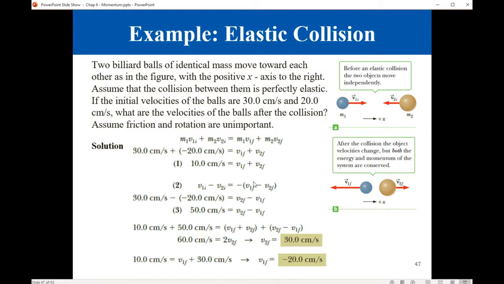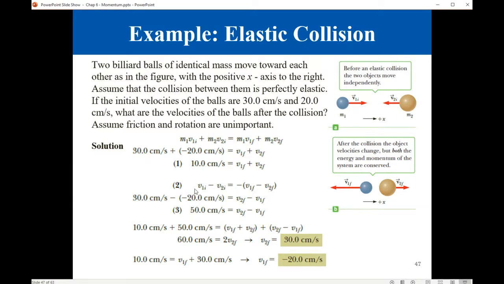You apply the conservation of momentum principle. Since the masses are identical, you can divide all terms by m. You end up with this equation for the initial momentum, 30 plus minus 20, because it's in the opposite direction, equals v1 final plus v2 final.